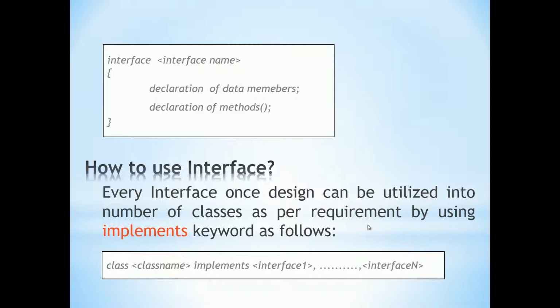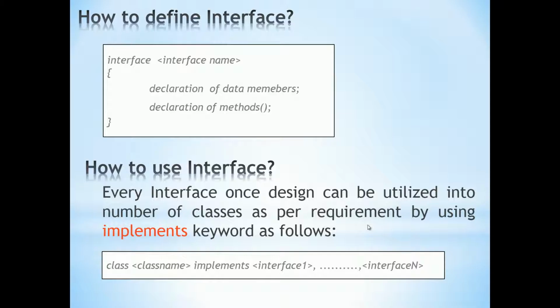But the limitation of the extends keyword is that it only supports a single class name, whereas the implements keyword can be used for a single interface or more than one interface. Simply, an interface is defined like a class: interface name, declaration of data members, but these are by default final, and declaration of member methods.